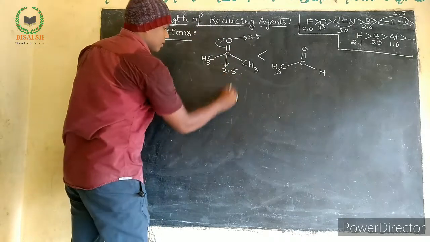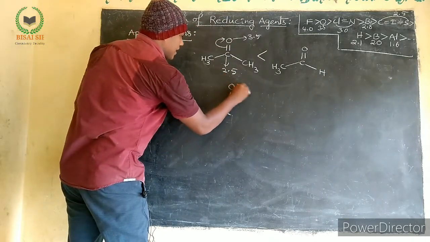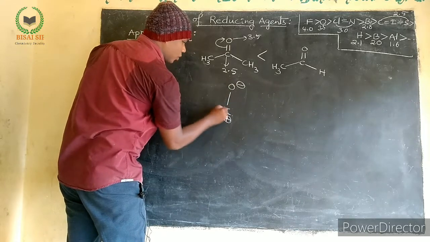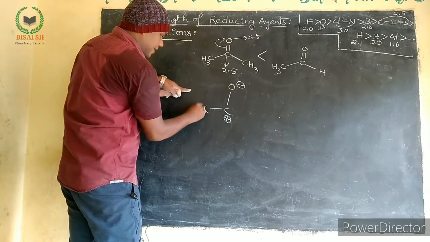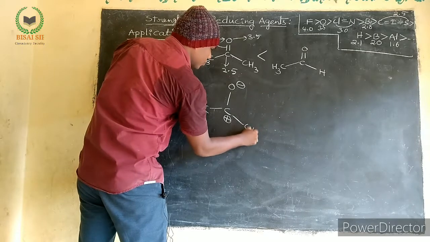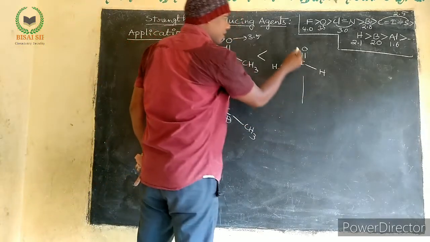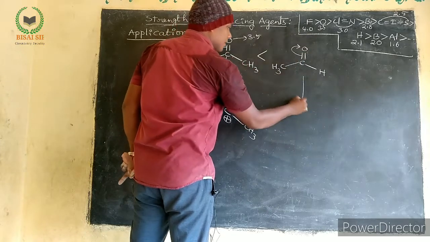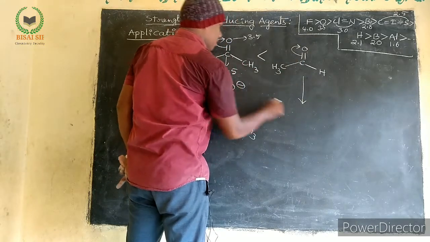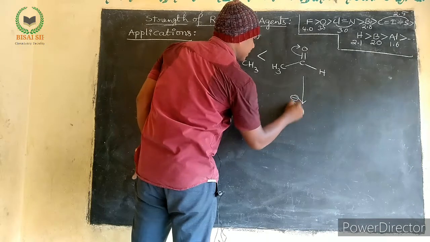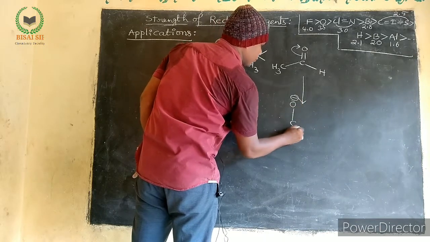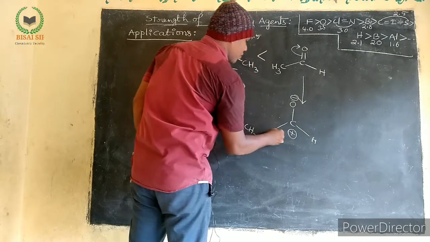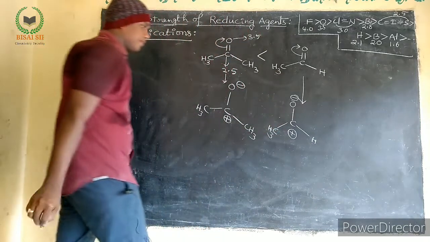Then carbon carries positive, oxygen carries negative, and here CH3, here this is also CH3, and similarly the electron density moves towards oxygen, so this oxygen carries negative and carbon carries positive charge, here hydrogen as usual, here CH3, correct?